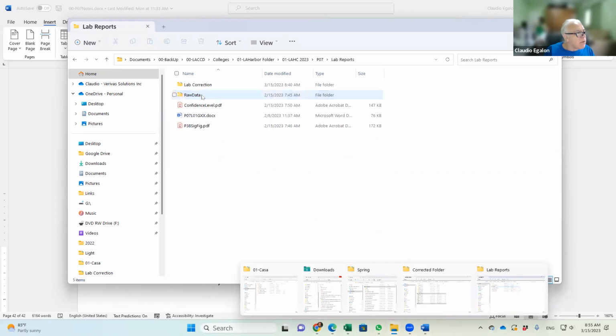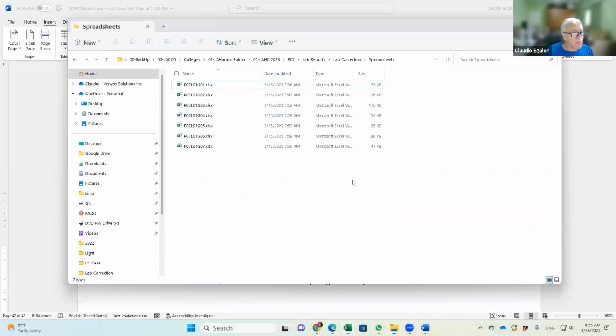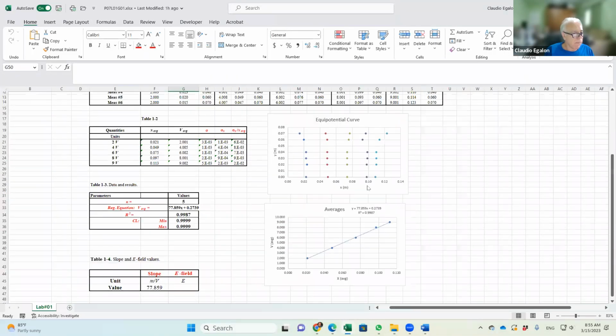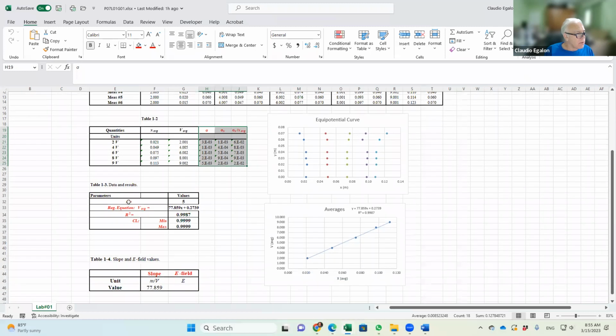Some of them do need to have significant digits. I have corrections, spreadsheets. Okay, let's take a look at this one here. Okay, everything that I put in red do not need significant digits. See, no significant digits, no significant digits. Okay.